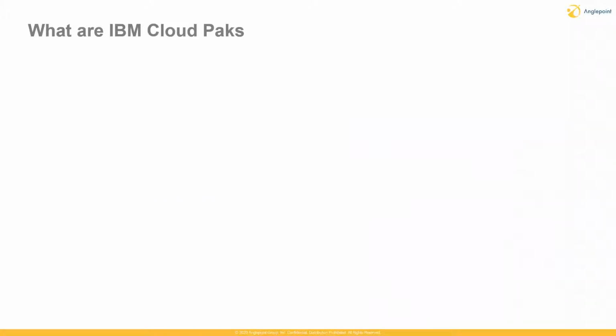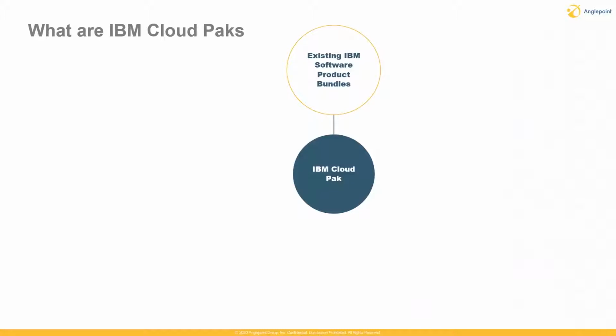So what are IBM Cloud Paks? An IBM Cloud Pak consists of a bundle of existing IBM software and some new IBM software that has been released to be focused mainly towards deployment within cloud-based environments.